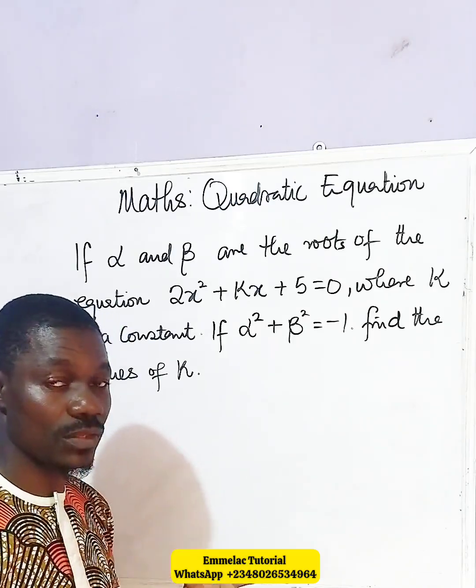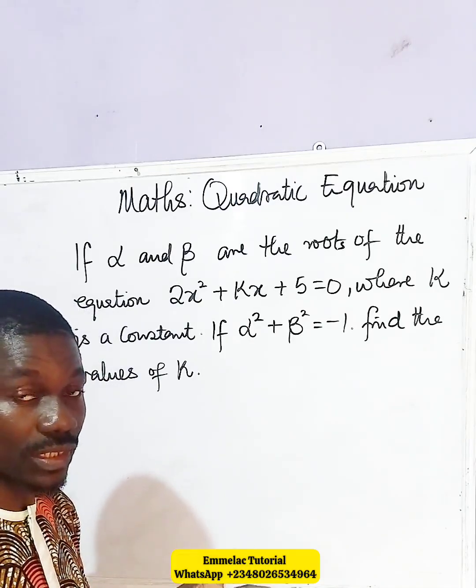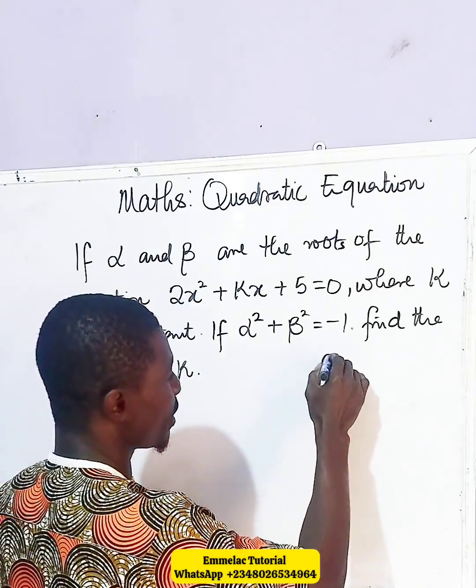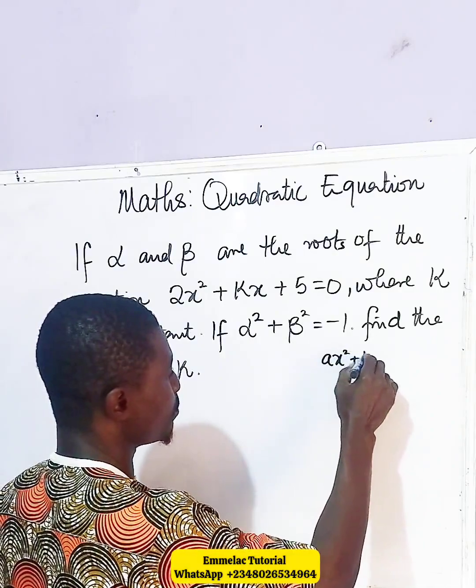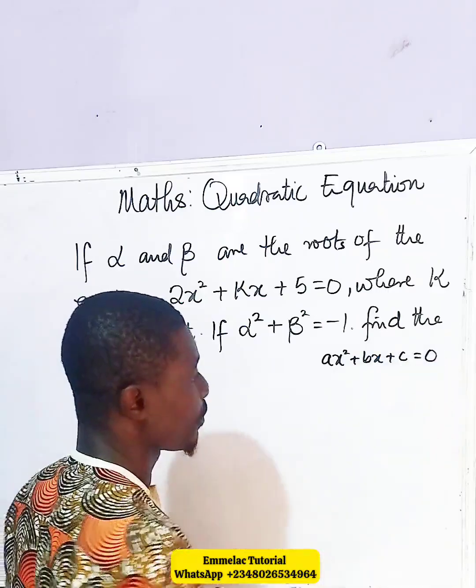Alright, now first of all, let us get to know one or two things in quadratic equation. A quadratic equation in this form, ax squared plus bx plus c equals 0, where this is a, this is b, and this is c.